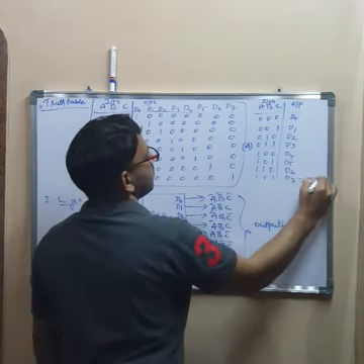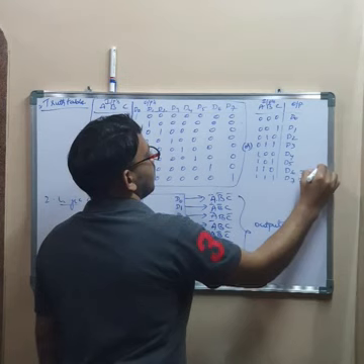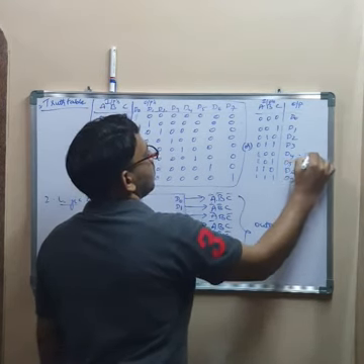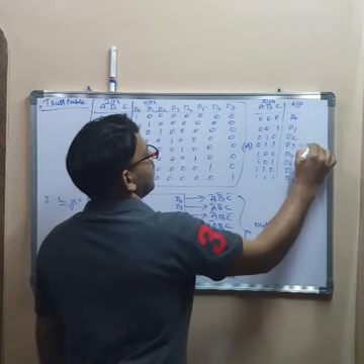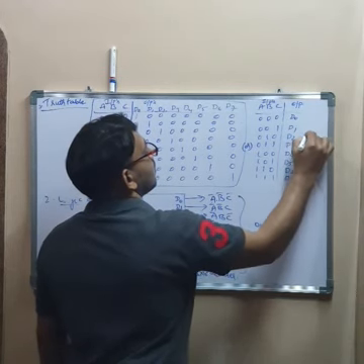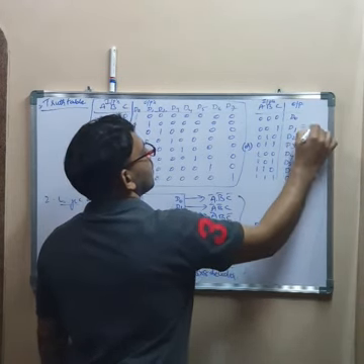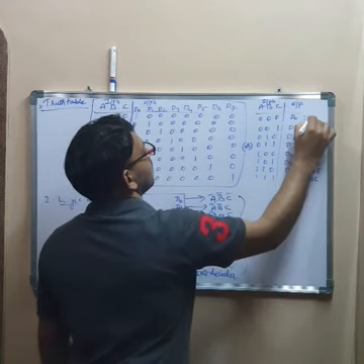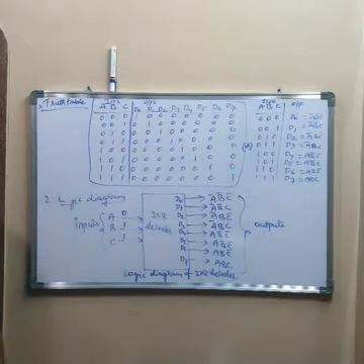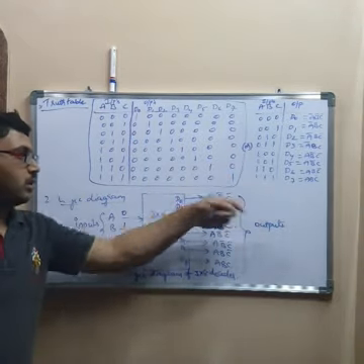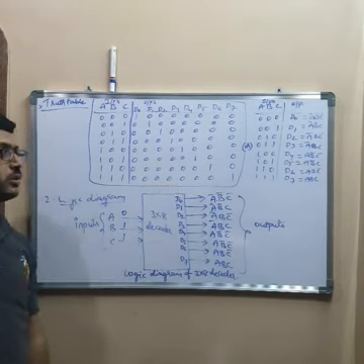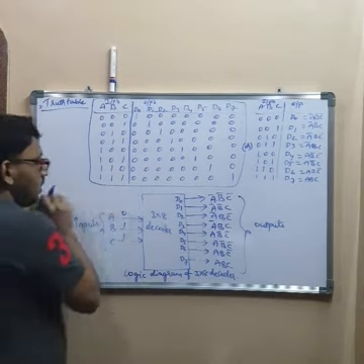This is equal to ABC, A B bar C, A B bar C bar, A bar B C, A bar B C bar, A bar B bar C, A bar B bar C bar. Both are correct, right? In some textbooks you can find this truth table, in some other textbooks you can find that truth table. Both are correct. This is the truth table.